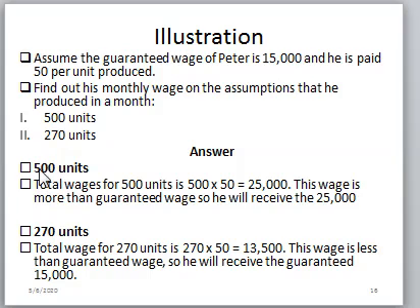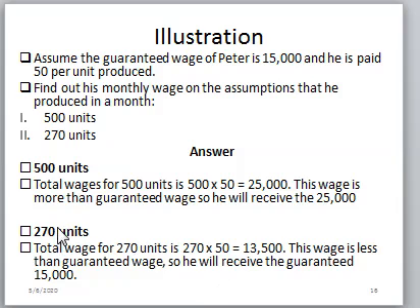If an employee has produced 500 units, the payment per unit gives 500 times 50, which is 25,000. Comparing 25,000 with the guarantee, the 25,000 is above the guarantee. So in this case, the employee will be paid 25,000 because it is above what he was guaranteed.